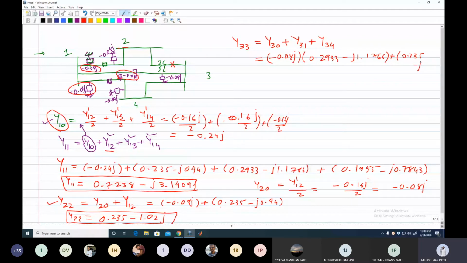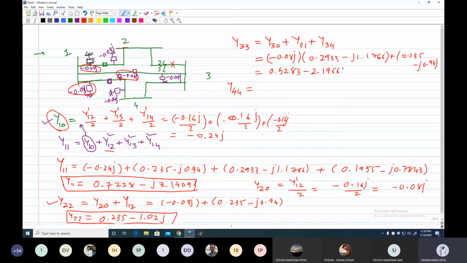What is the final value for Y33? The final answer is 0.5283 minus j 2.1966.